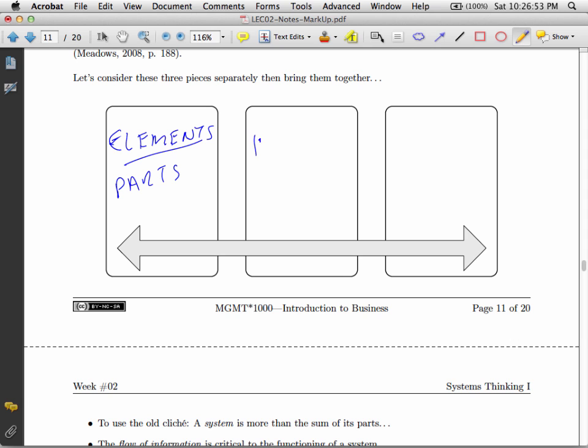All of these elements or parts are interconnected. So one part affects other parts, and so on and so forth. And these two parameters in and of themselves are interesting, but what really defines a system is it has some function or purpose. And we gave a few examples of these.